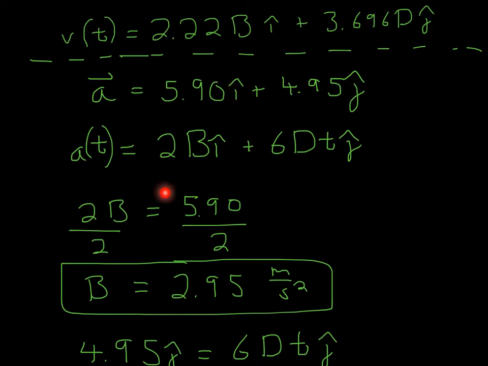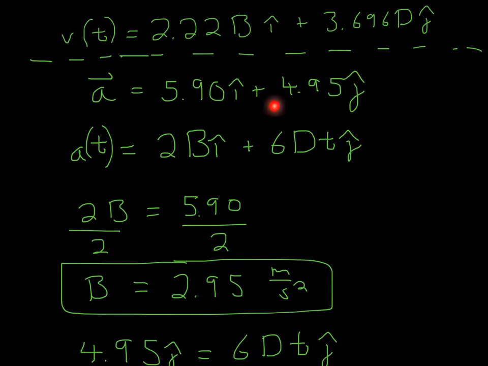All I did was see that both of these are in the x direction, which is the i hat direction, and since they're both acceleration, I can set them equal to each other and get b. So now we have one more constant to find, and that's d.